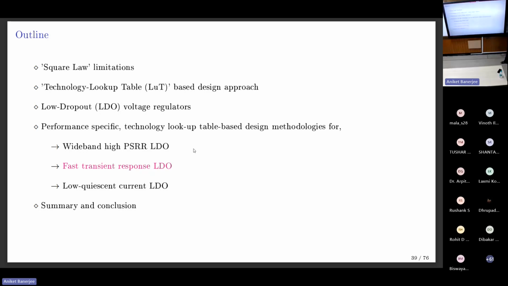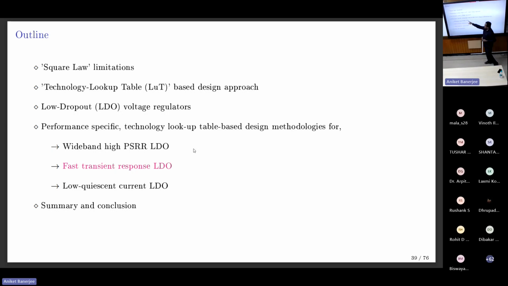Come up with W by L and then just verify once whether that meets the specifications. This is what we are going to do for the next two topologies also. This is something new we want. It will be more interesting, but these two are conventional, like op-amp designs with output pole dominant compensation or Miller compensation kind of things.